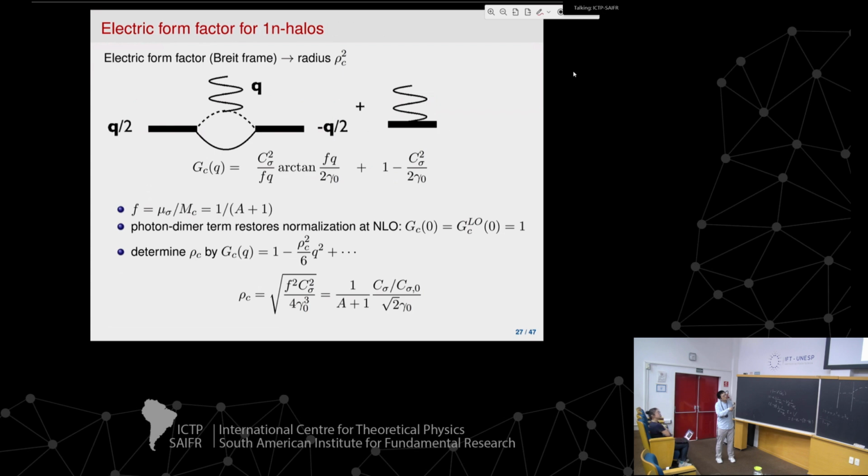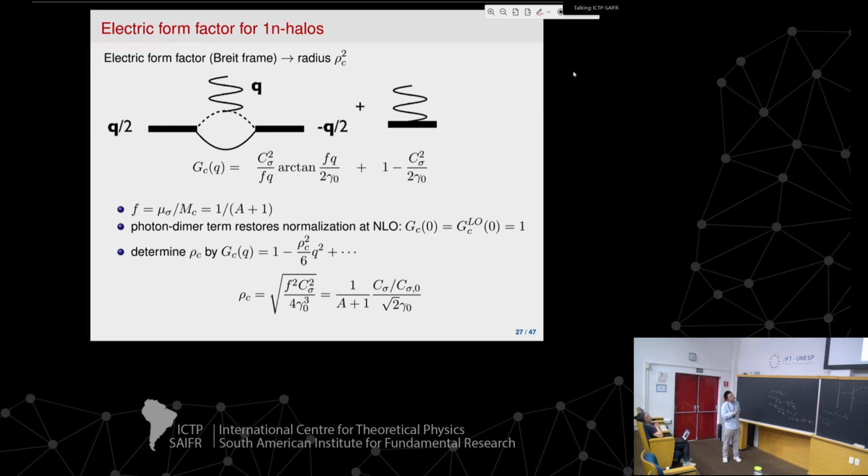So at Q equals 0, this term will be just 1. Which means that your form factor is normalized to 1 at Q equals 0, right? This is the normal definition of form factors. But if you are at next to leading order, this term will have these 1 over gamma 0 times R0 corrections.